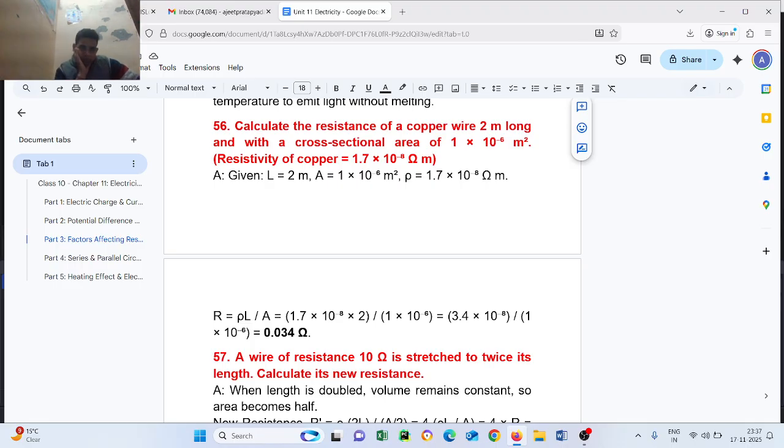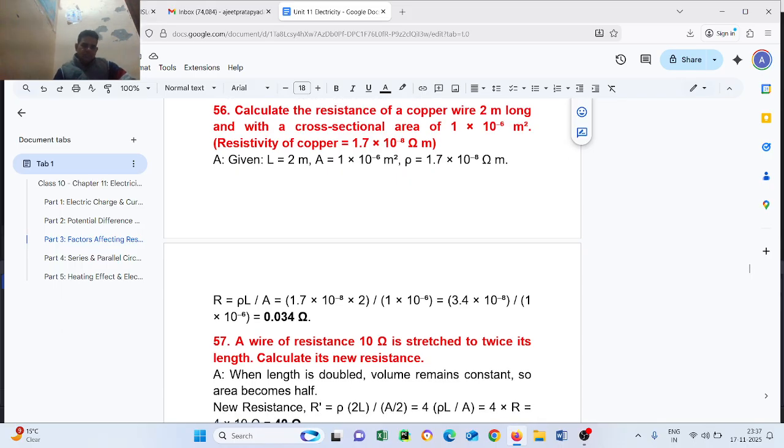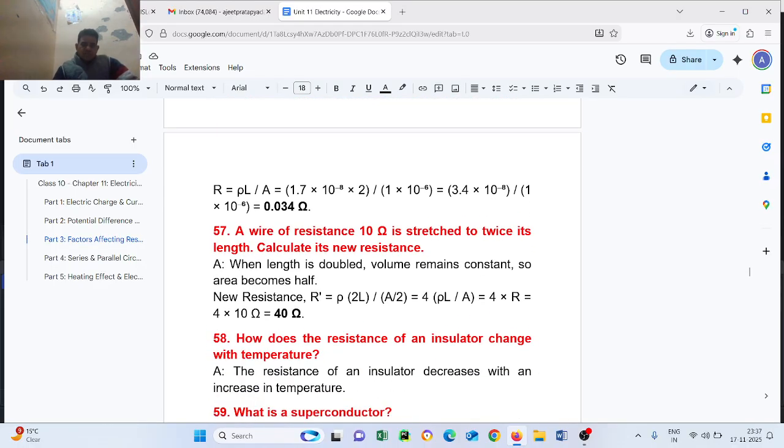R equal to rho into L upon A equal to 1.7 multiplied by 10 to the power minus 8 multiplied by 2 upon 1 multiplied by 10 to the power minus 6, equal to 3.4 multiplied by 10 to the power minus 8 upon 1 multiplied by 10 to the power minus 6, equal to 0.034 ohm.